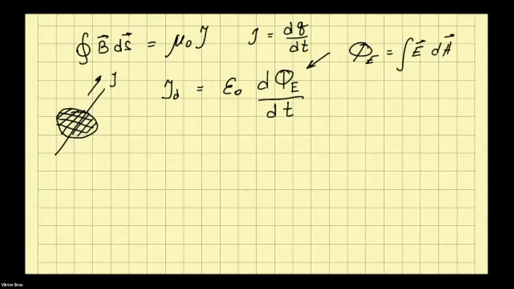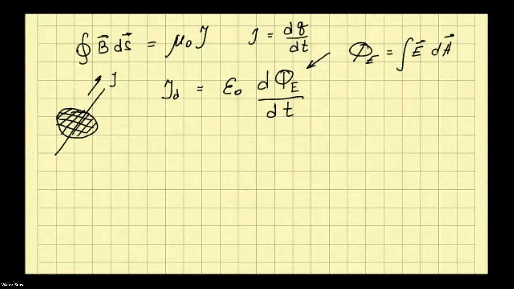So if we have a uniform field, it's just the product of electric field multiplied by the area of the surface through which we determine the electric field flux, assuming that the electric field is going perpendicularly to the surface of this area. In the general case, we need to take the integral of this scalar product of two vectors.